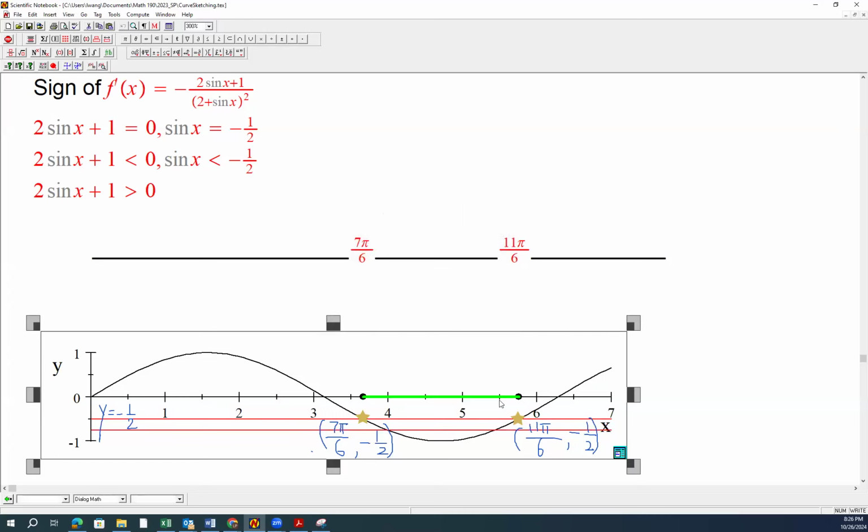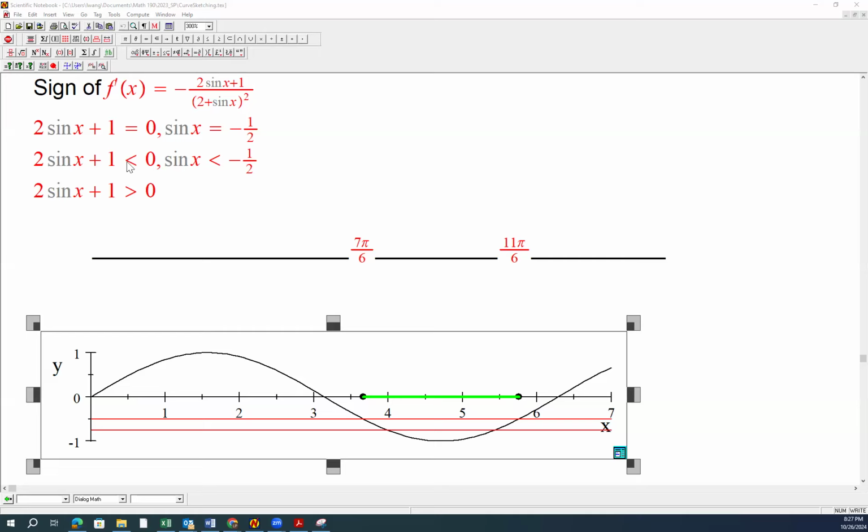So all of these values, let me clean this up. All of these angles, all of these inputs for x will cause sine x less than negative half. The top red is negative half. All the others, all of these values will be the answer to sine x less than negative half.